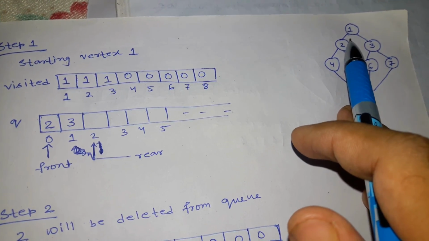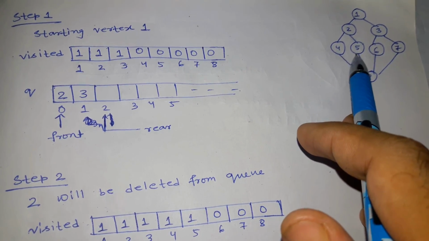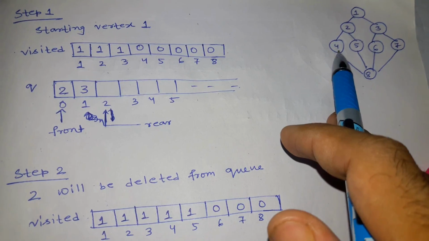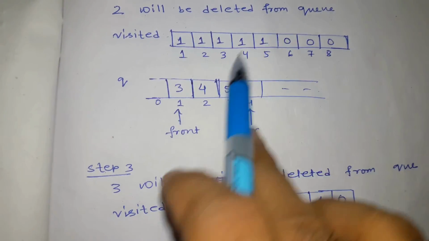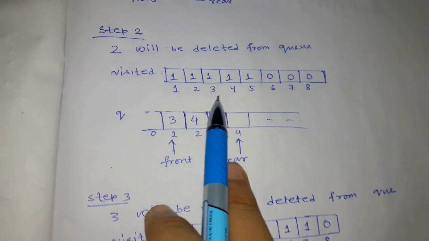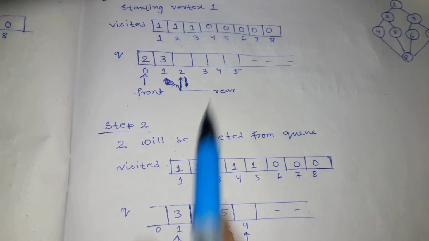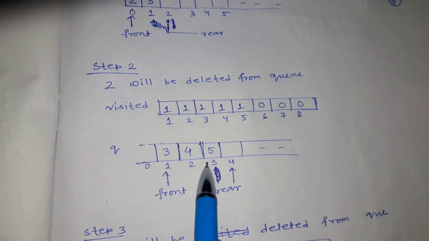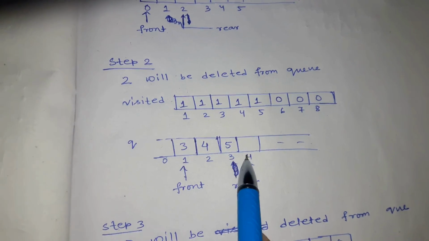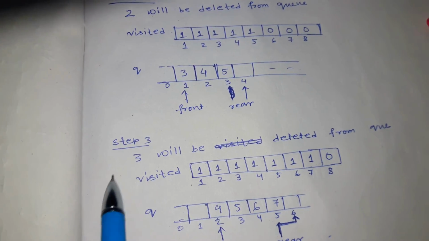As 1 has already been visited, and 4 and 5 are still unvisited, they will be visited in step 2 and pushed into the queue. So see here, 4 and 5 have been visited in step 2 as they were unvisited in step 1, and 4 and 5 have been pushed into the queue, and the rear end has been updated to index 4, and the front end has been updated also.